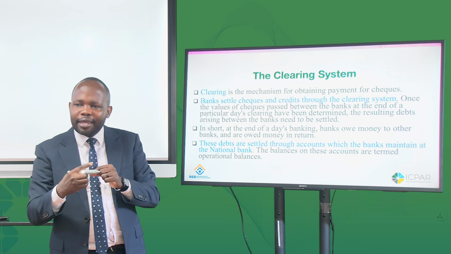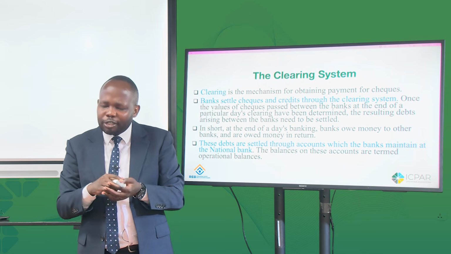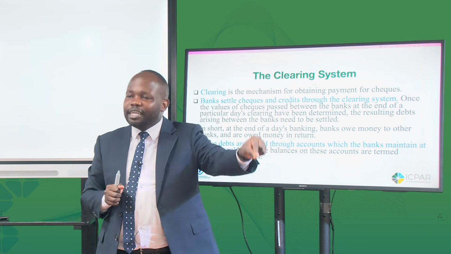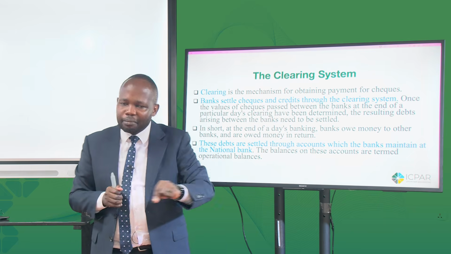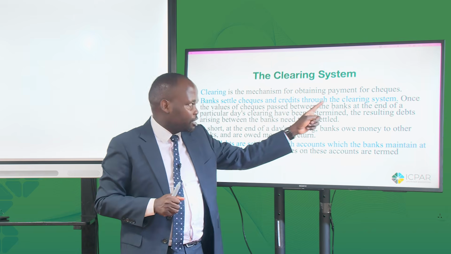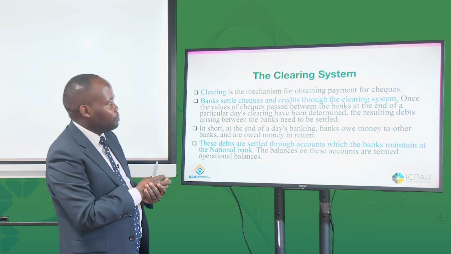If there is a transaction that affects two different banks, at the end of the day, BNR, the central bank, comes in as the clearing house.